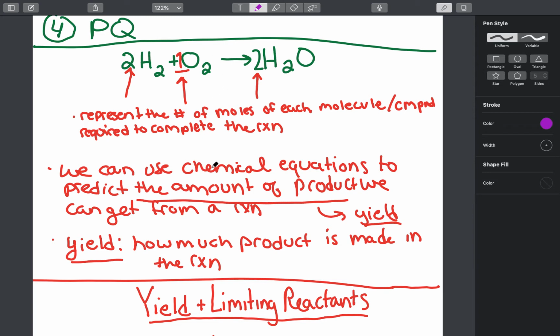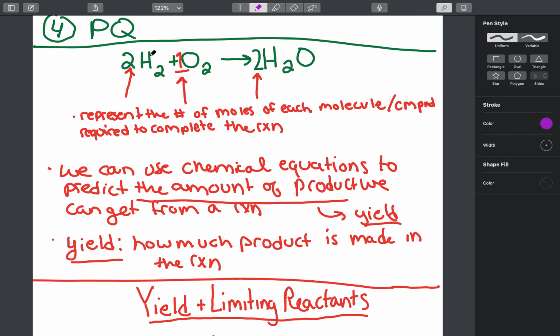Therefore, we can use these chemical equations to predict the amount of product we can get from a reaction. And this amount of product that we can get is the yield. So the yield is basically how much product is made from the reaction.